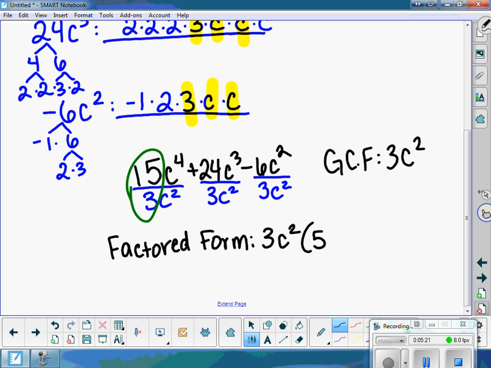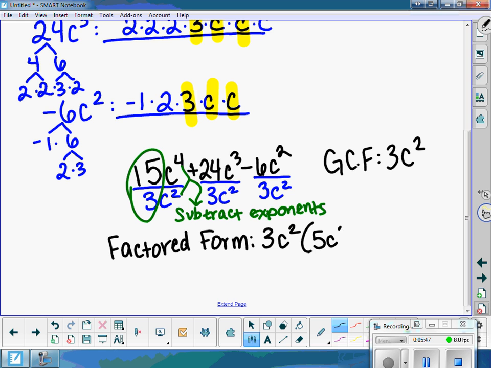And then our exponent rules tell us to subtract the exponents. So we'll subtract the exponents. 4 minus 2 gives us 2.